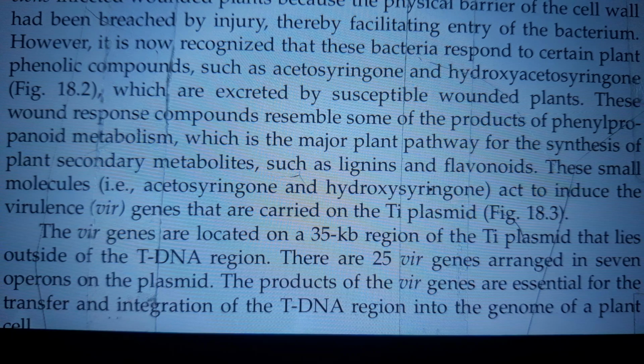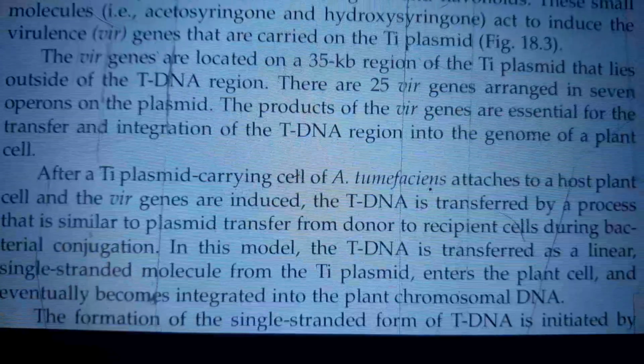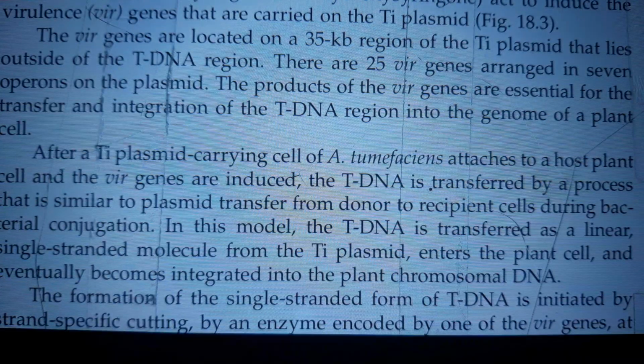These wound response compounds resemble some of the products of phenylpropanoid metabolism, which is the major plant pathway for the synthesis of plant secondary metabolites such as lignans and flavonoids. These small molecules, acetosyringone and hydroxyacetosyringone, act to induce the virulence vir genes that are carried on the Ti plasmid.